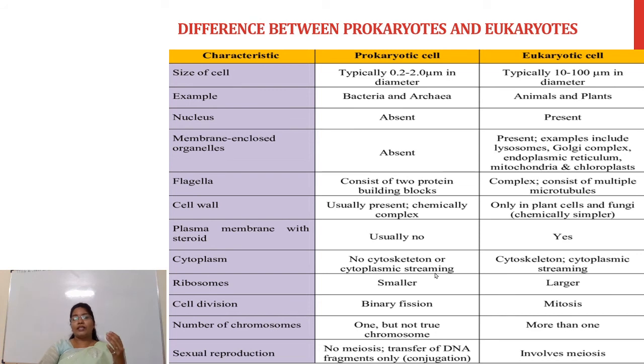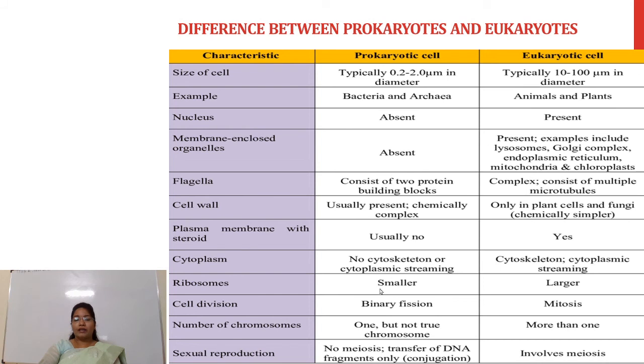Cytoplasmic streaming refers to the movement of cytoplasm in certain plants or animals. So this type of cytoskeleton and cytoplasmic streaming is absent in bacteria, whereas cytoskeleton and cytoplasmic streaming is present in eukaryotic cell. Coming to the ribosomes, in bacteria ribosomes are smaller and in eukaryotes these are larger.